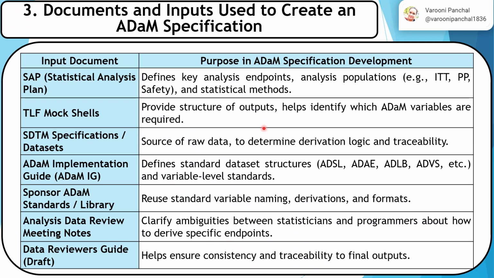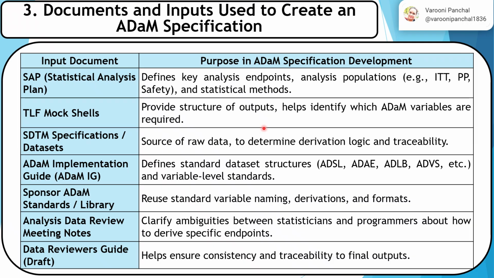Now generally whenever we develop the table listings figures mock shells, the best practice is to ensure that once your SDTM and ADaM specs are ready, you usually update or annotate your mock shell as to this specific column is going to be generated from which variable, either from SDTM or from ADaM dataset.